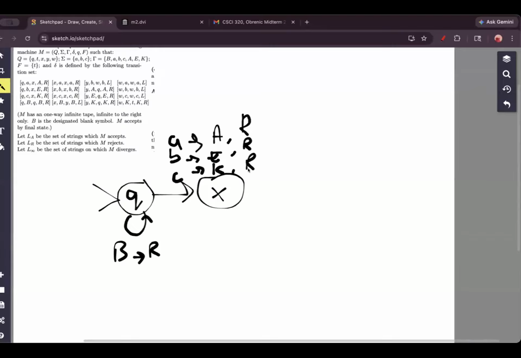Okay, so I am now in X, and I could loop on all A, B, and C's, and they're all turning right. If I encounter a blank, I switch state to Y.